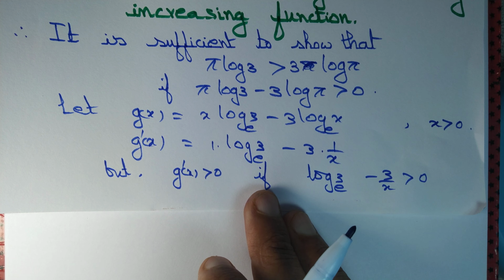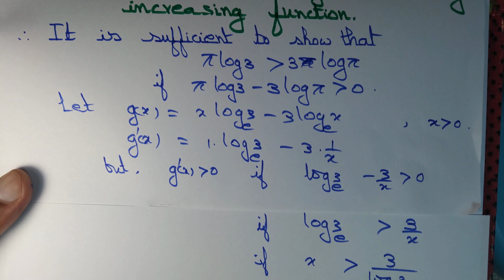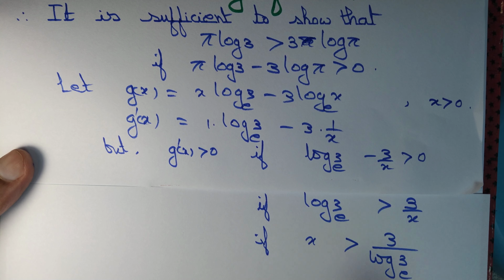Now as we have assumed x is greater than 0, we can multiply by x and cross multiply. This is true if x is greater than 3 by log of 3 with base e. Of course, log of 3 with base e is also greater than 0. These are positive quantities. We'll see why.